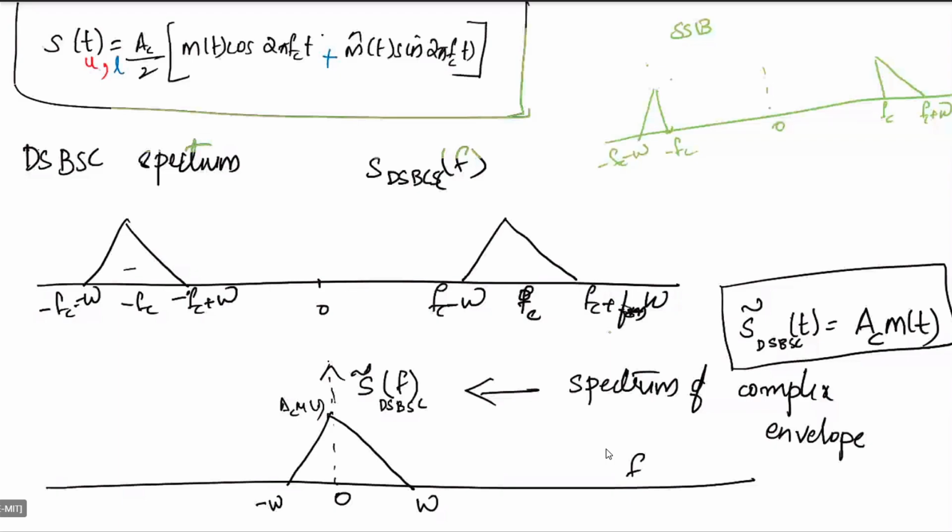So this spectrum, the complex envelope spectrum, shifted in frequency gives you this SSB spectrum, isn't it?